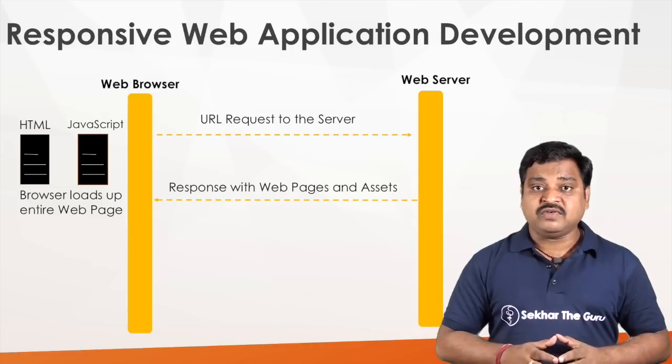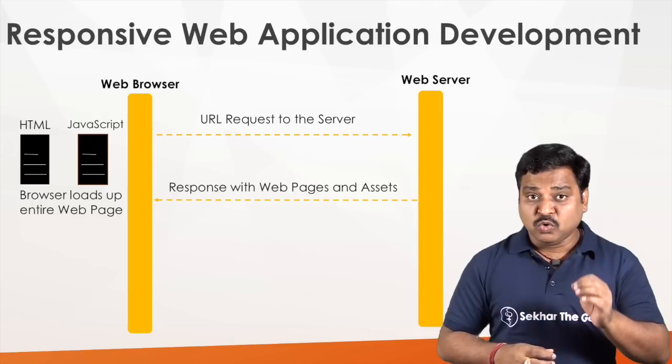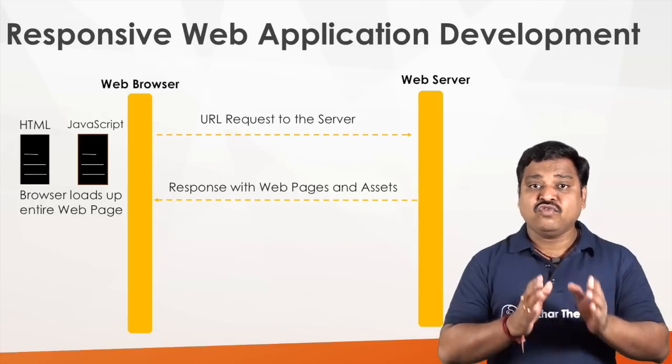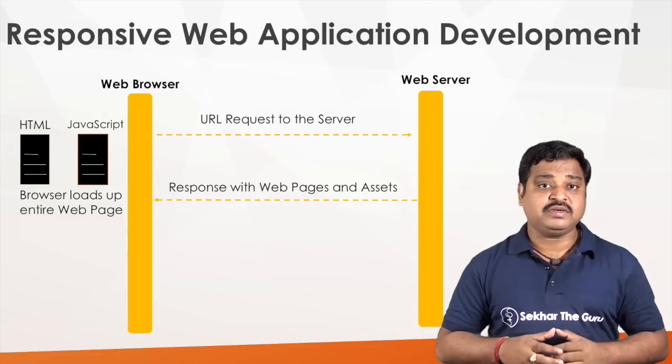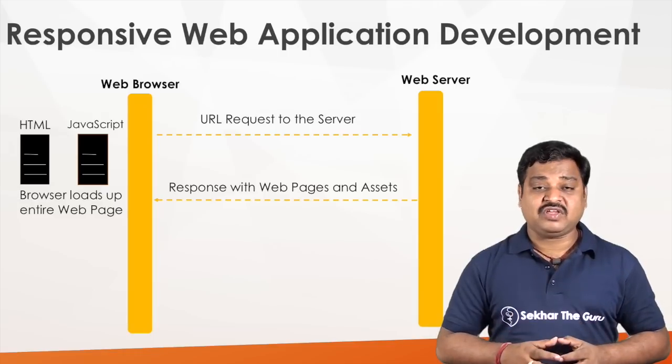If we observe most websites or web applications, we can notice that the header and footer sections remain common and only the data will change based on the client request.